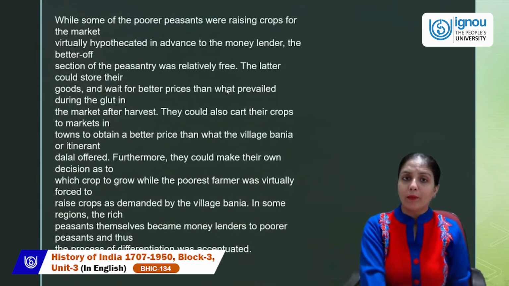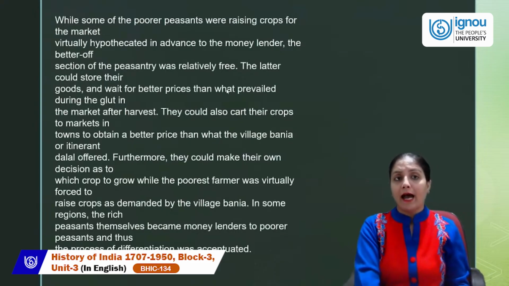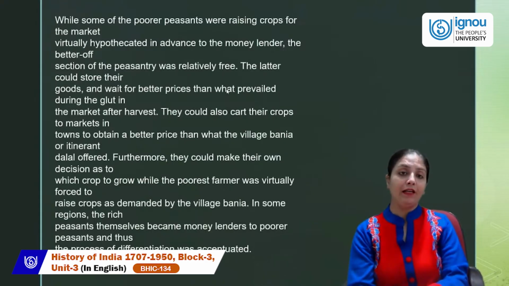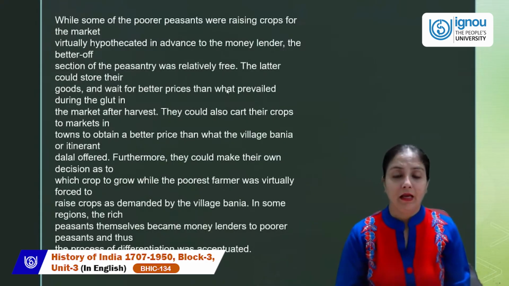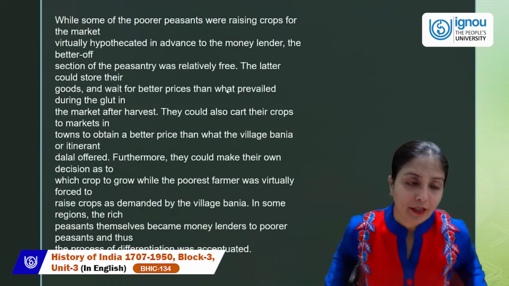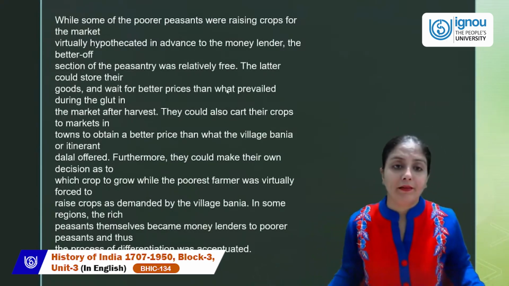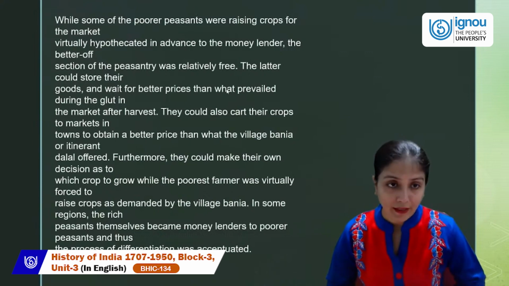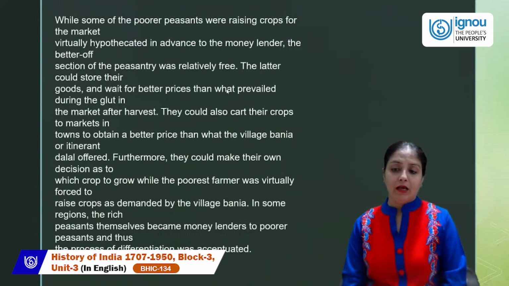While some of the poor peasants were raising crops for the market, virtually hypothecated in advance to the moneylender, the better off section of the peasantry was relatively free at that time. The latter could store their goods and wait for better prices than what prevailed during the glut in the market after harvest.